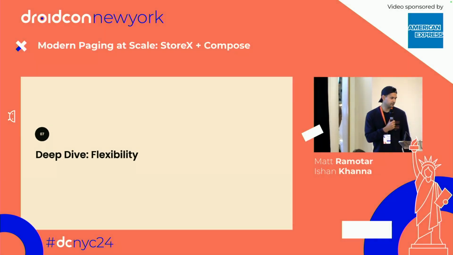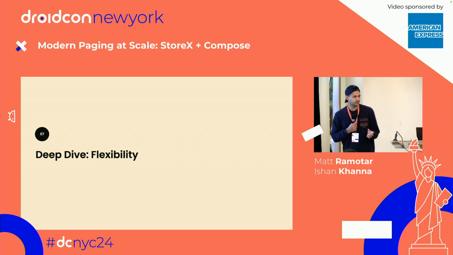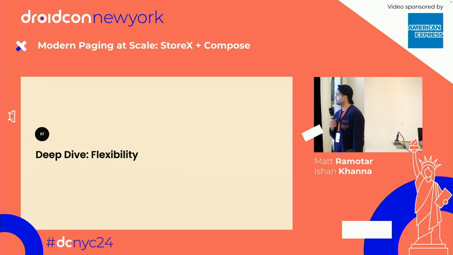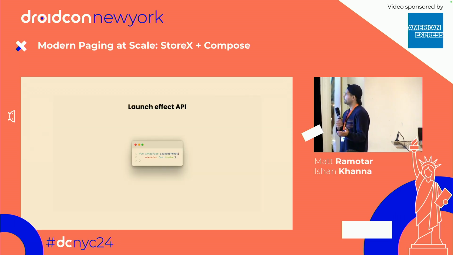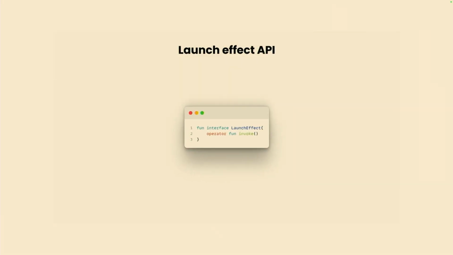And then flexibility. Ishan talked about why flexibility is really important with these big companies, because we need to have things standardized while also allowing for accommodating diverse use cases. So we have so many customization options here. You could have launch effects, things that happen when the pager's created.